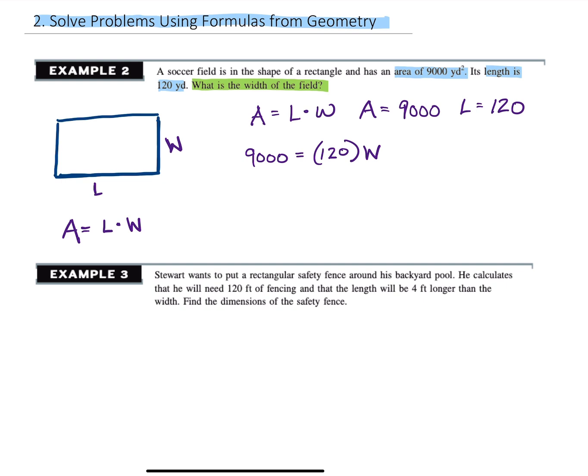So let's solve for W. It's being multiplied over here, so I'll divide by 120, divide by 120. We'll cancel on the right side. And then 9,000 divided by 120 should give you 75. So that is the width of the field. So now we know that the length is 120, the width is 75 yards.